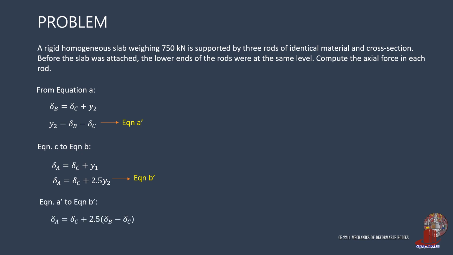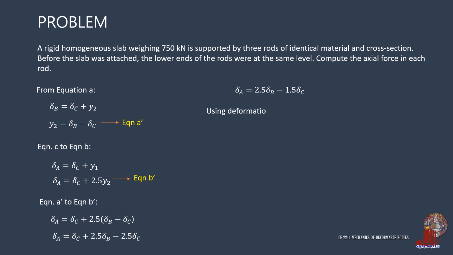So we have deformation of A as equal to deformation of C plus 2.5 of the quantity, deformation of B minus the deformation of C. Take out quantities and have the deformation of A as equal to deformation of C plus 2.5 of deformation at B minus 2.5 of deformation at C. Deformation of A is then 2.5 of the deformation of B minus 1.5 of the deformation at C. Now we have an equation where the three deformations are related.